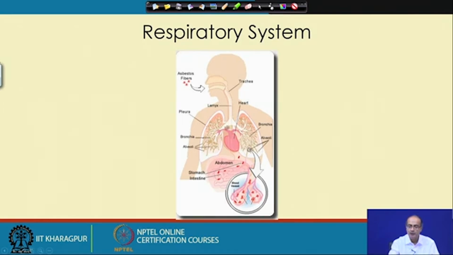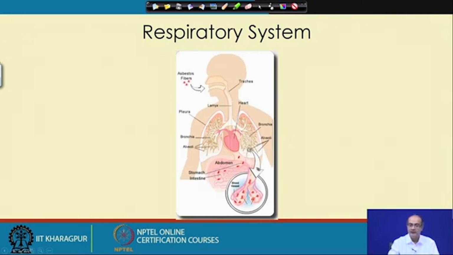The air goes into the bronchus, the two bronchi, and they get subdivided, and at the end it goes towards the alveoli, which are small. The vessels end there, and the air comes there, and through the wall of the alveoli, through diffusion, oxygen is provided to the blood, and the blood vessels release carbon dioxide into the air in the alveoli.